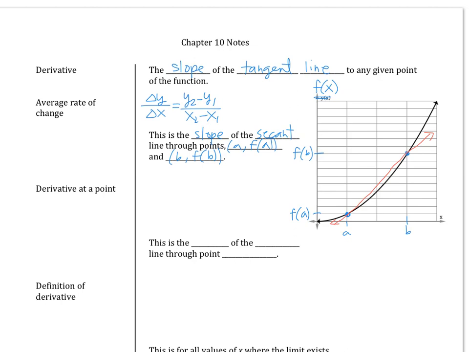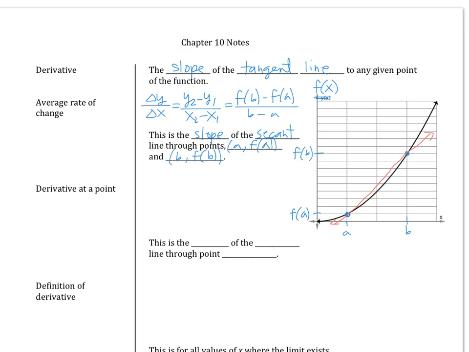Okay, and then to write it in function notation, y2 is f of b, and y1 is f of a, and same thing, x2 is b, and x1 is a. So that is the average rate of change.